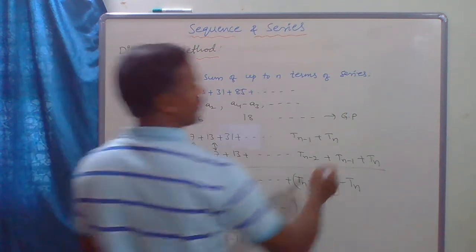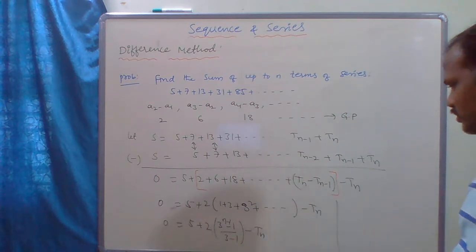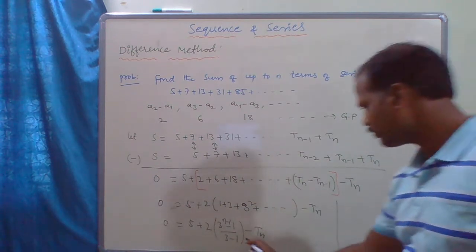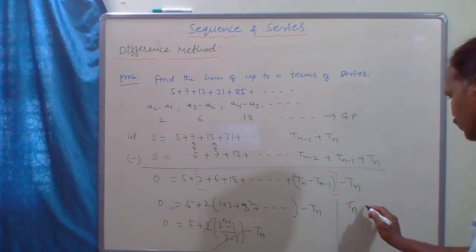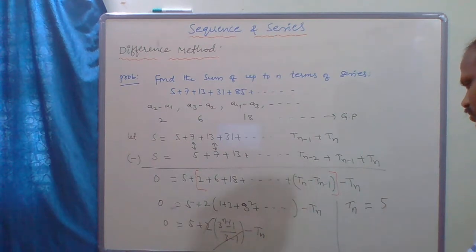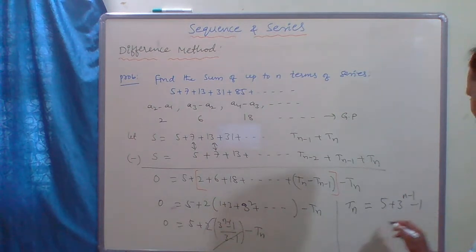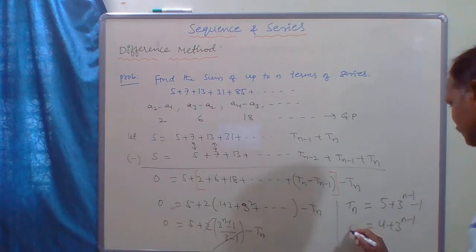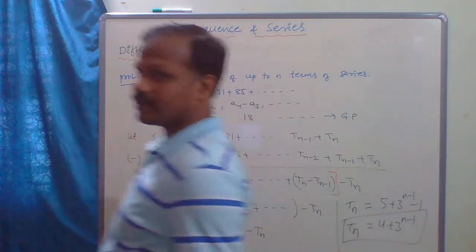Now Tn equal to, so this will be cancelled, 3 minus 1 to 2 will be cancelled. So what is Tn? So Tn equal to 5 plus 3 power n minus 1 minus 1, which equals 4 plus 3 power n minus 1. So this is Tn. So that is the nth term.